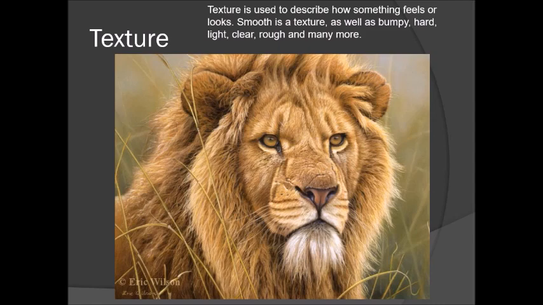Texture describes how something feels or how it looks like it feels. Smooth is a texture, and so is bumpy, hard, light, clear, rough, fluffy, furry, all kinds.